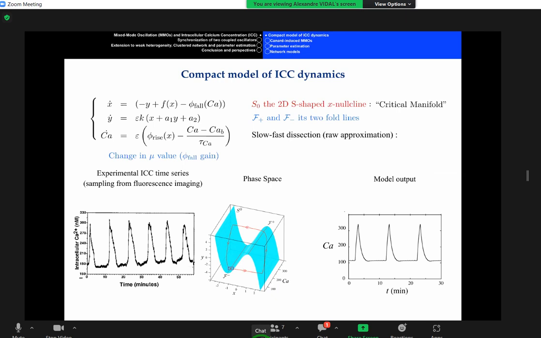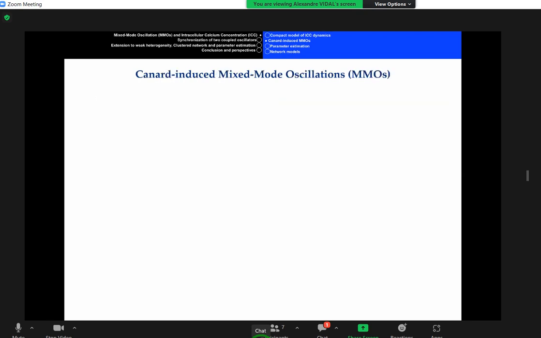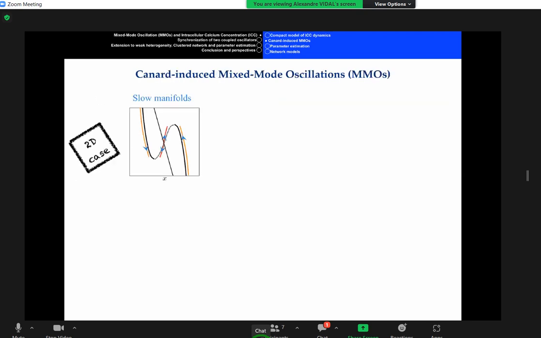But how do we reproduce the quiescent space between two peaks? It's a mechanism of mixed mode oscillation, meaning the alternation between relaxation oscillation, large oscillation, and very small oscillation close to the fold that you can see on the magnified pictures that I show you here. How does it work? In fact, in the 2D case, remember that we have the slow manifold that persists for epsilon small but positive.